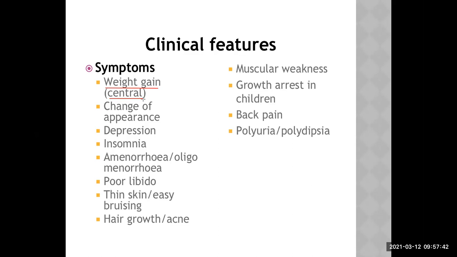The fat from the periphery, especially the limbs, is migrated towards the central part of the body. There is change of appearance in the patient. This is known as moon face. The face becomes rounded because of deposition of the fat again. This is called moon face, rounded face, and that face looks very, very red in color. This is known as plethoric face, rounded and plethoric face.